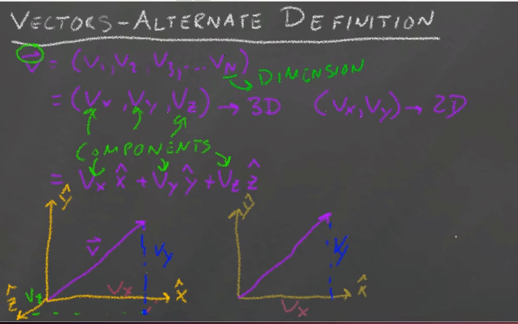Okay, and then there's one other way that we can represent a vector, which is instead of writing it horizontally like this, we can write it vertically. So we would have vx, vy, vz. So it's the same thing, only now instead of writing it horizontally separated by commas, we just have the different components written vertically. And so you'll notice in your book we'll use all 4 different notations, and each one actually has its advantages. So it's going to be very common, depending on what our application is, which of these we're actually using.